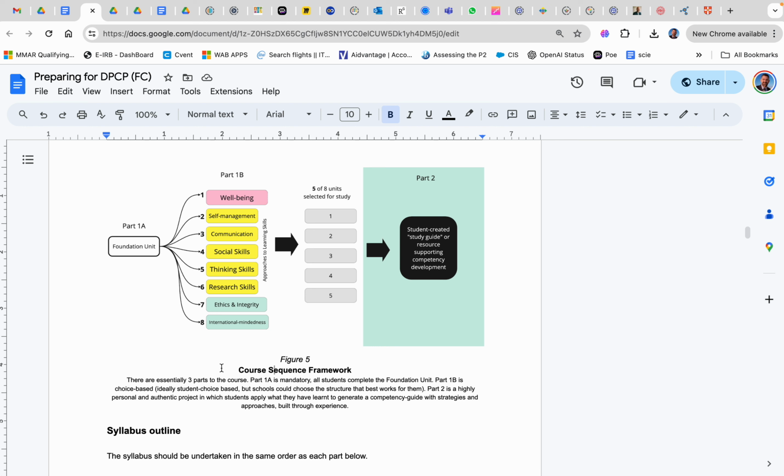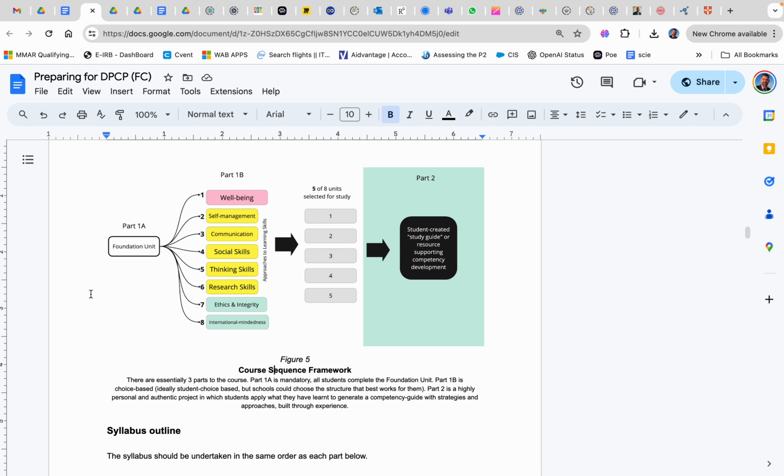So the idea from James, Hoken and Kate was that there is a core foundational unit that is pretty short, basically a lay of the land where you introduce things like approaches to learning skills and well-being. We were calling that part 1A.